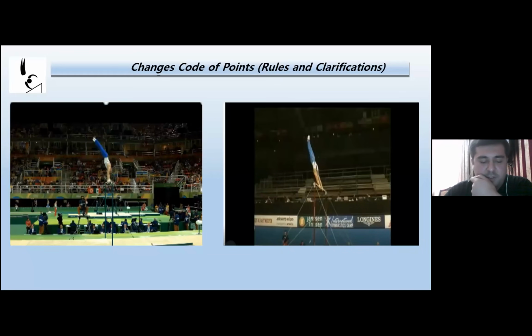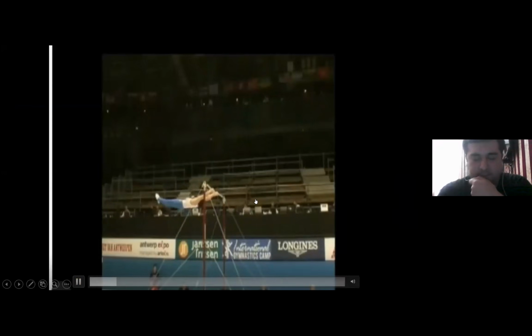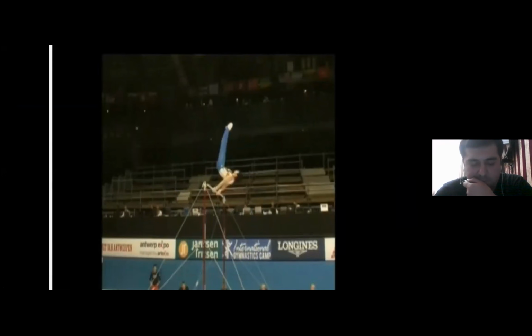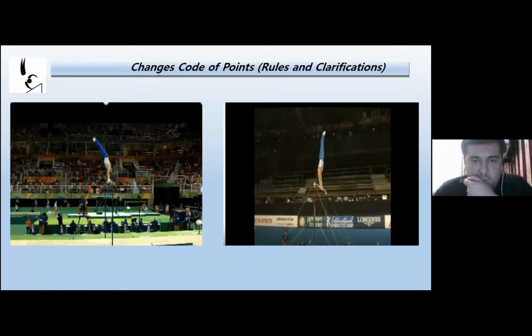As we saw in the video of endo in L grip, the gymnast hops out to under grip. In this case, the element doesn't count. The next video. In this video, the gymnast goes over the top of the bar in L grip. In this case, the element is recognized.